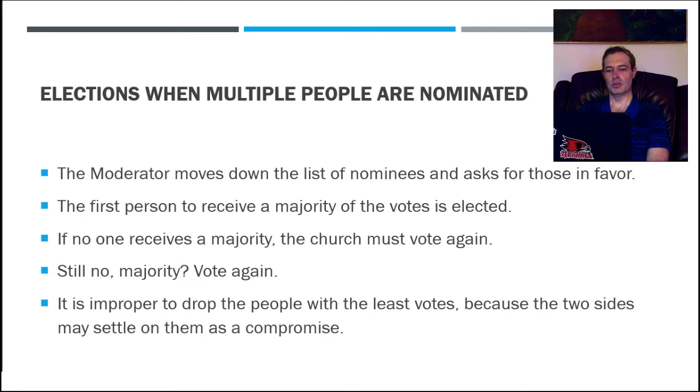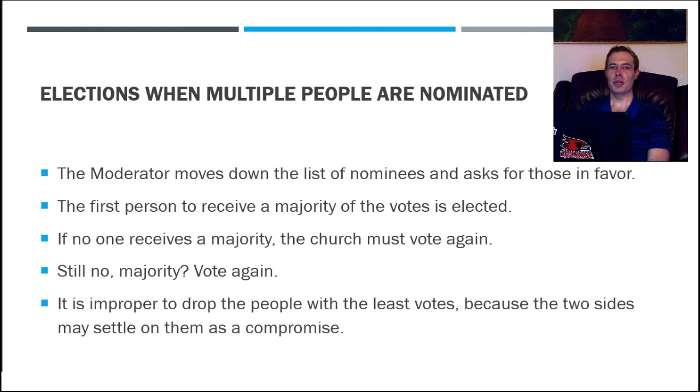The second person gets maybe 30% of the vote. And then maybe the third one gets 30% of the vote. The first one gets more than the other two. That does not mean they are elected yet, because they only got 40% of the vote. They do not have a majority.